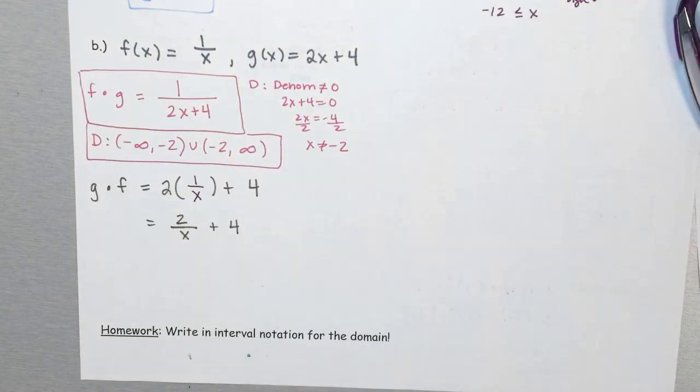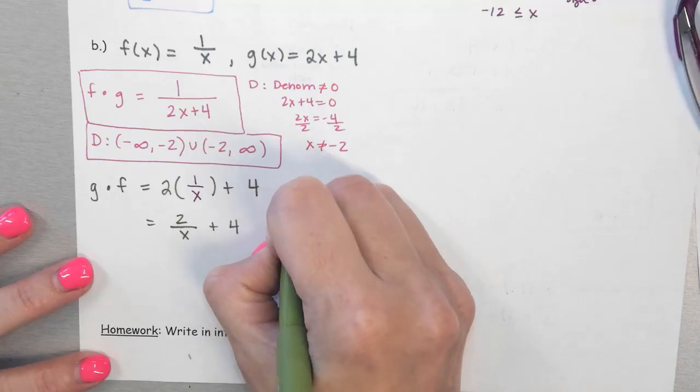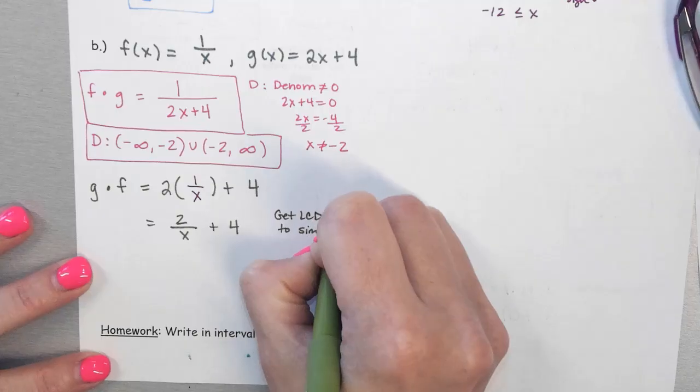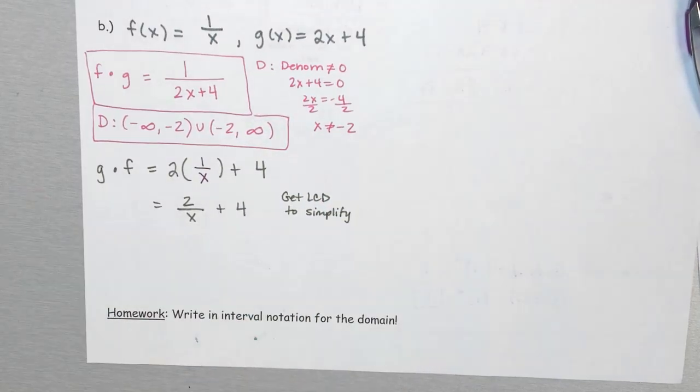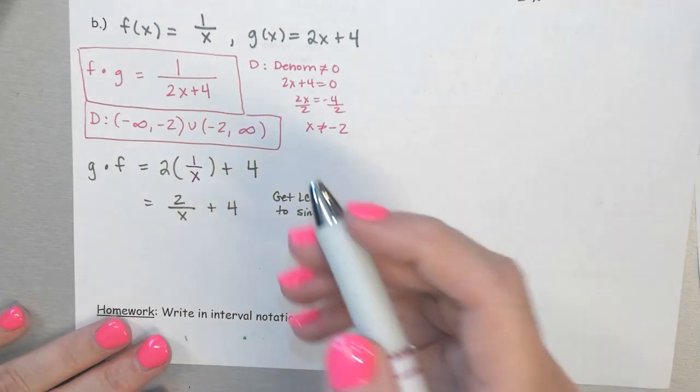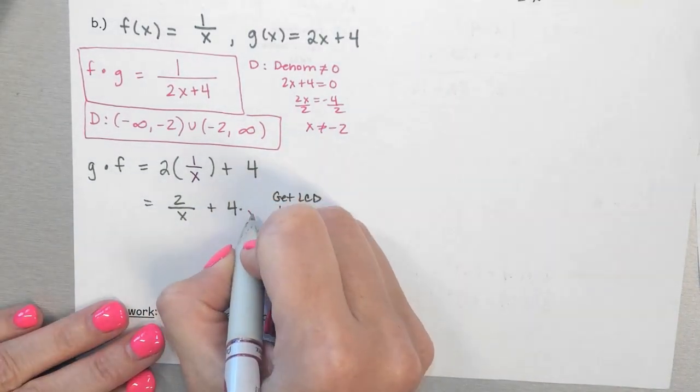And then what we want to do is get one term. Okay, so you're going to get the LCD to simplify. So if you have a fraction with x in the denominator, it's a number, it doesn't matter, it's just a constant. But for x, that means it's going to be a rational expression, and so we want one factor on the top, one on the bottom. So we're going to multiply to get the LCD.